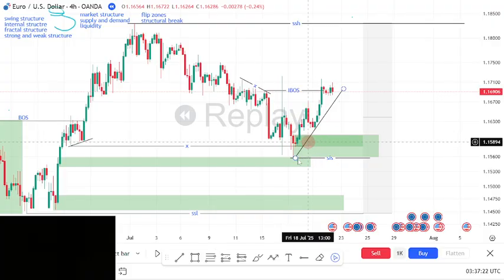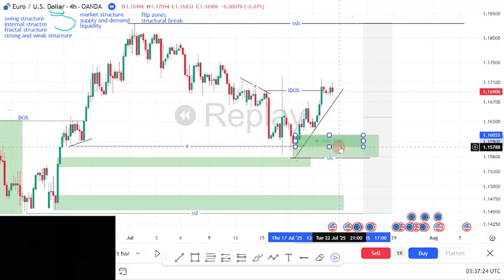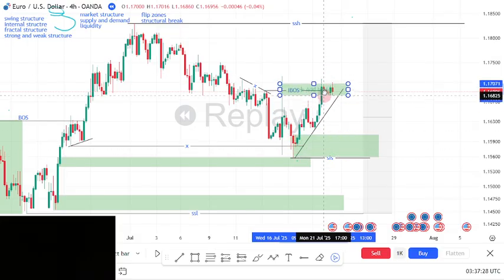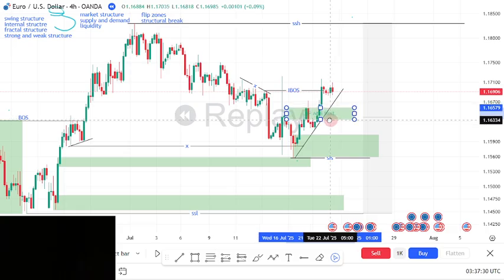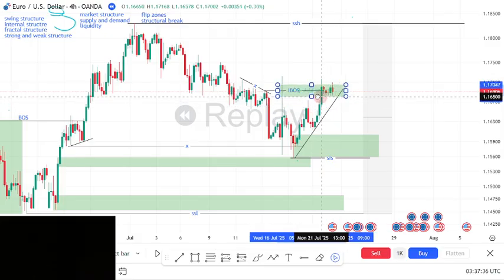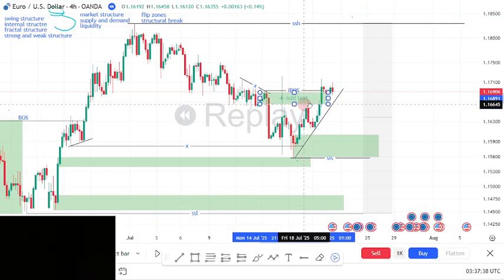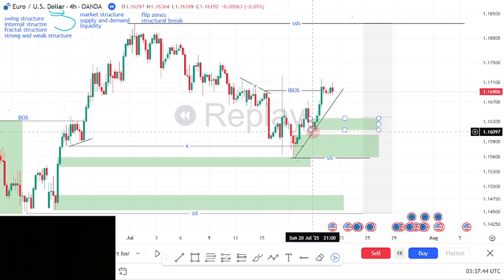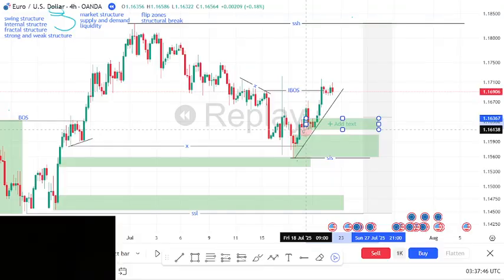Okay, and then I think here is my flow, because within this I would like to identify here to be a flip. This one was swept, but cool. So here will be my flip zone, you can see.